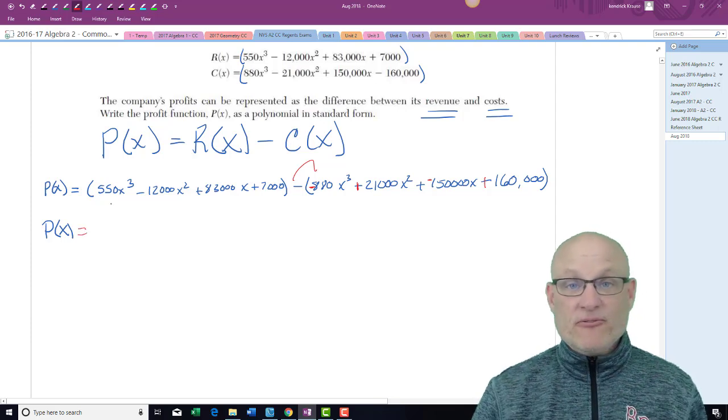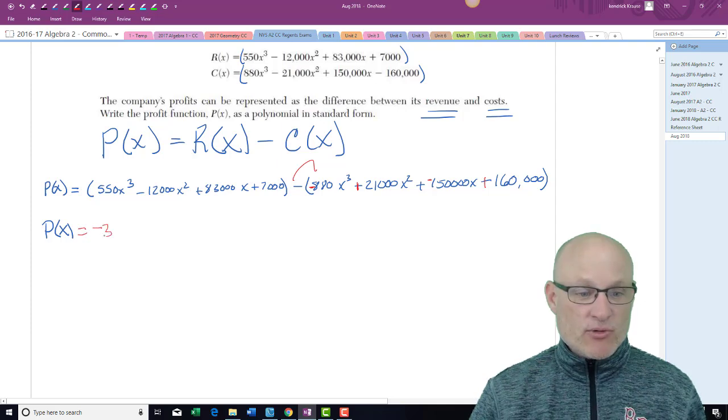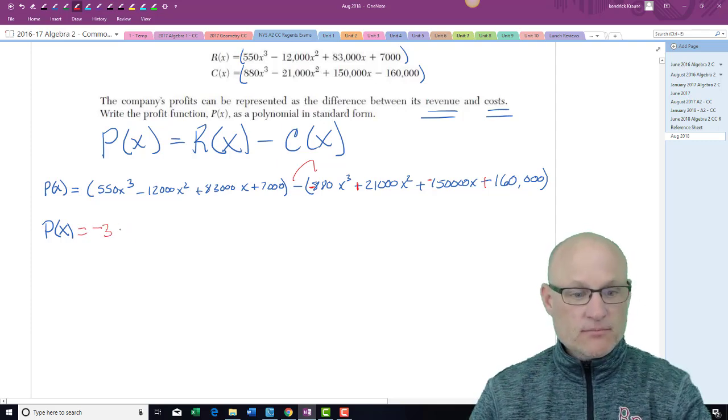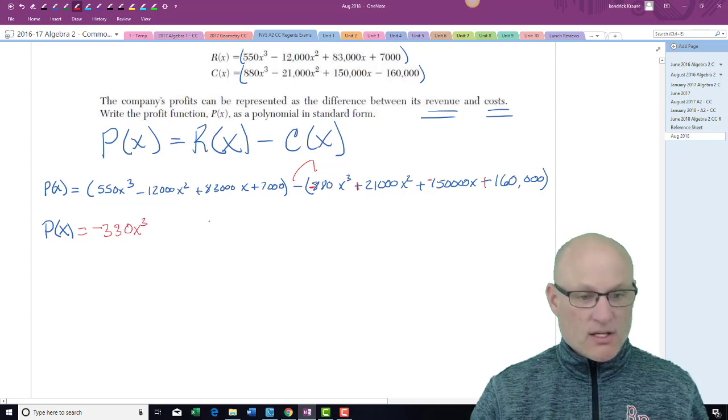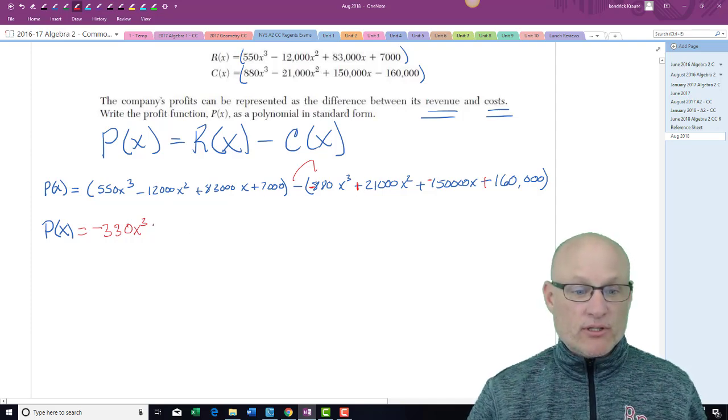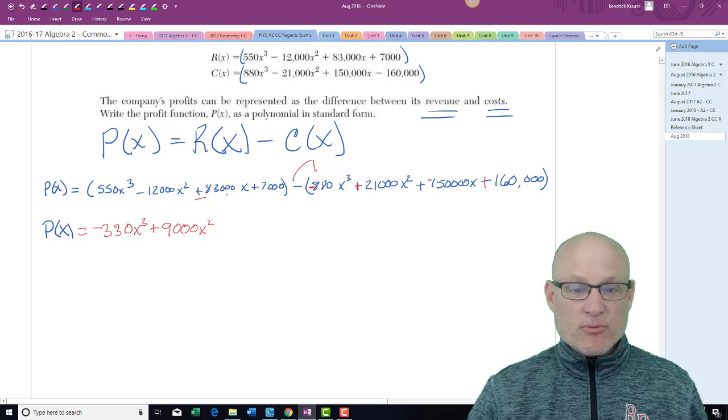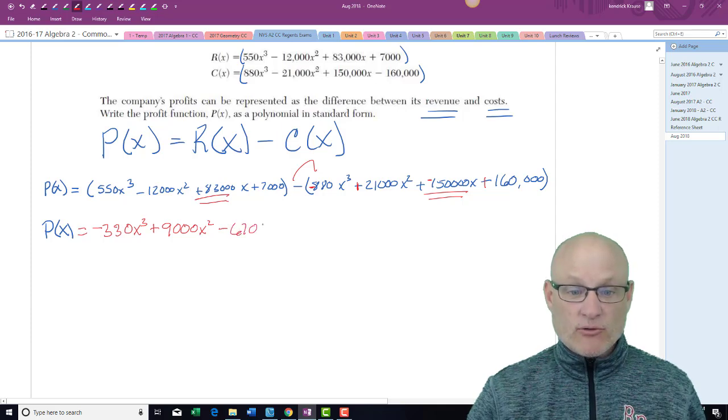So 550x cubed minus 880x cubed is minus 330x cubed. Minus 12,000 plus 21,000 is plus 9,000 x squared. 83,000x minus 150,000x is minus 67,000x.